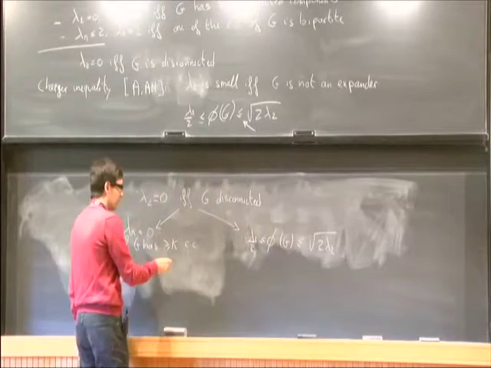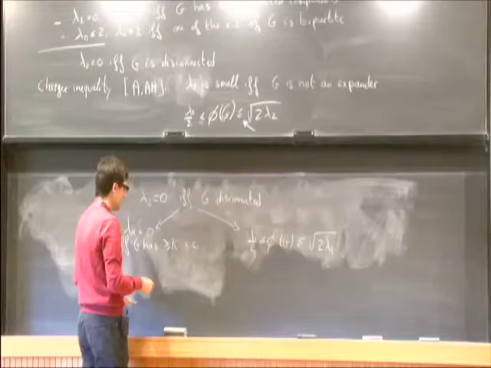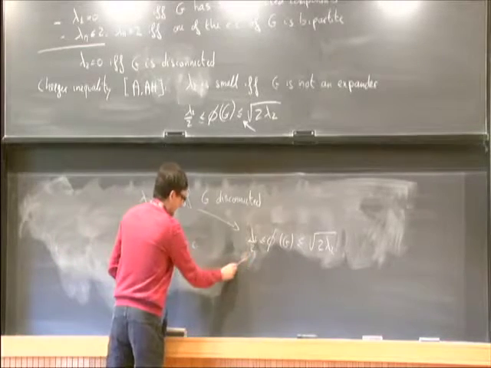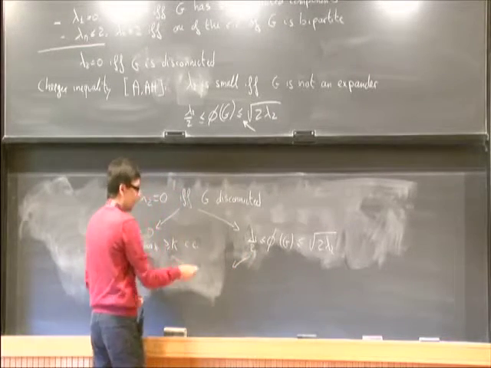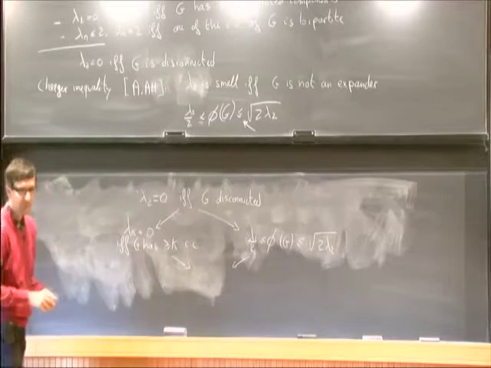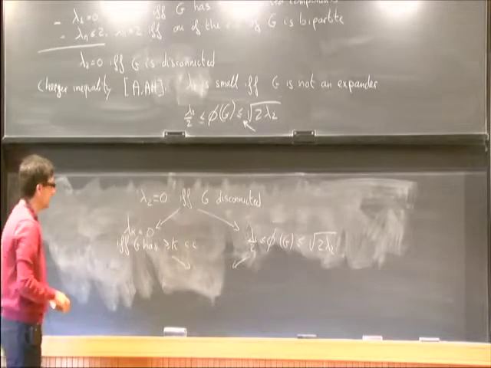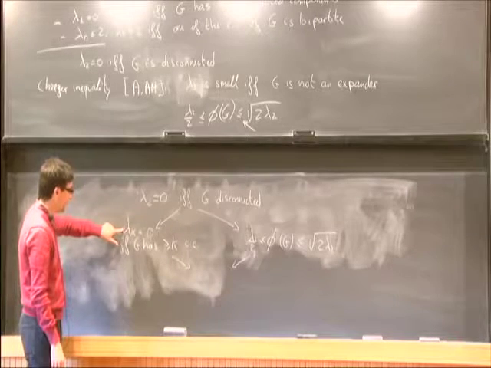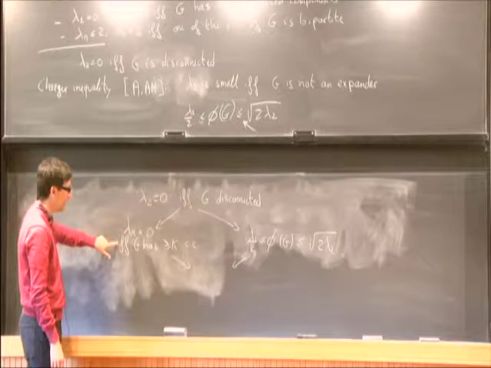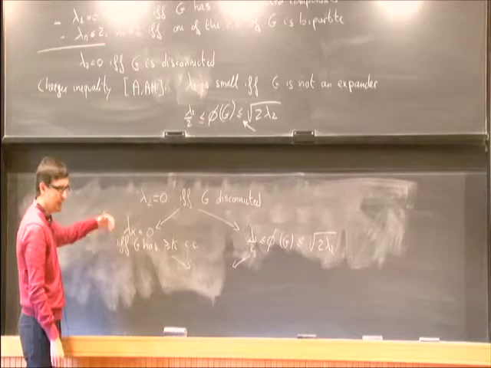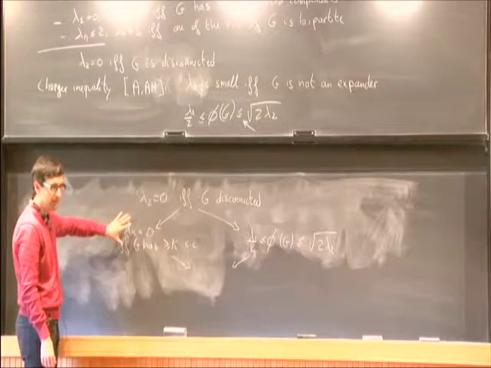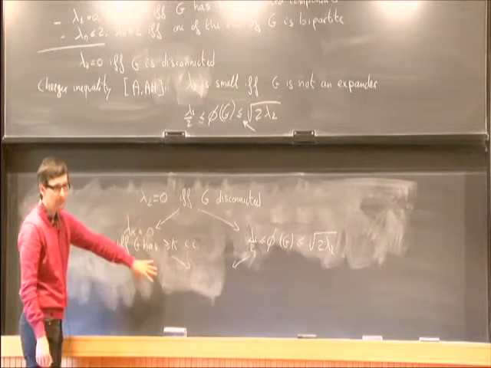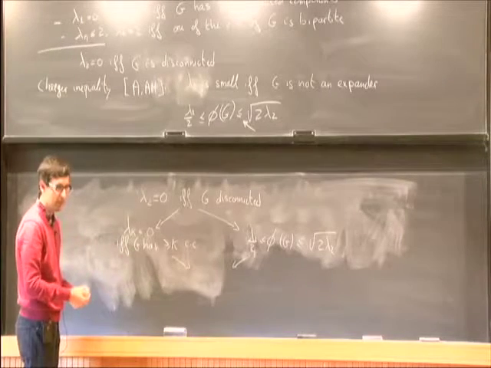And then combine ideas that go in these two generalizations to get our result. In particular, I will present the fact that lambda k equals 0 if and only if G has at least k connected components in an unnecessarily complicated way, but that will include a good part of the ideas that we have in the general case.